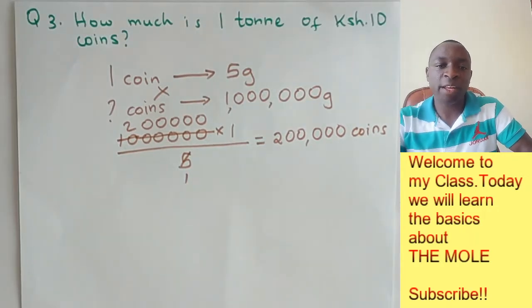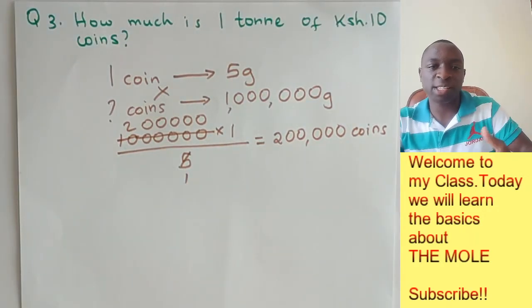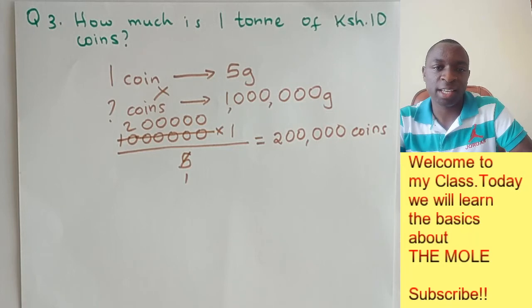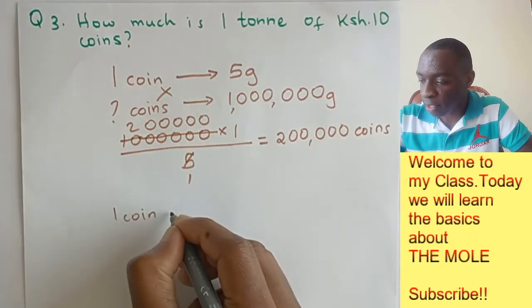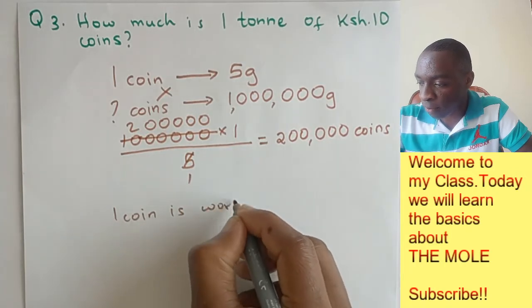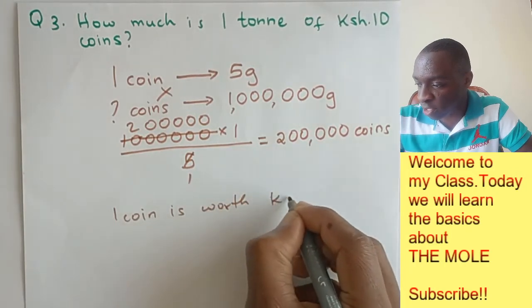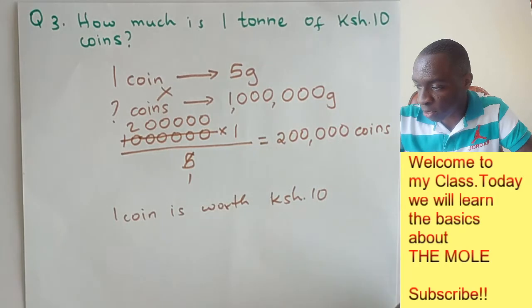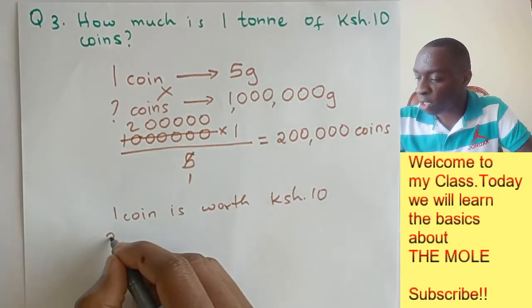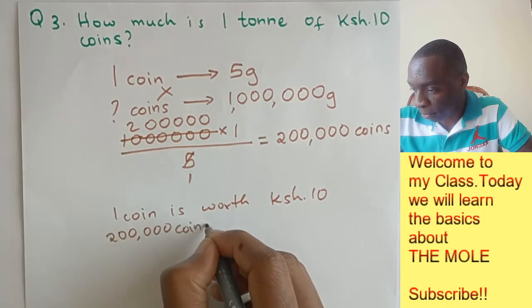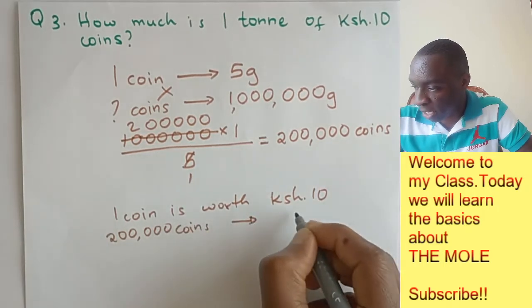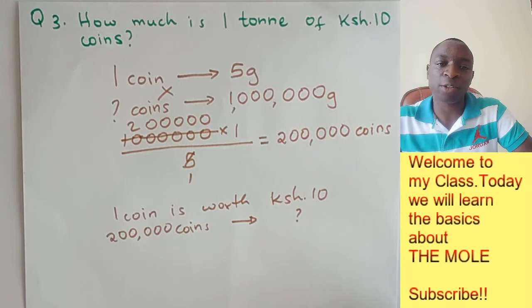So now that you have 200,000 coins, the question is, how much money is this? If 1 coin is worth 10 shillings, how about 200,000 of them? Of course, again, we'll do a simple cross multiplication.